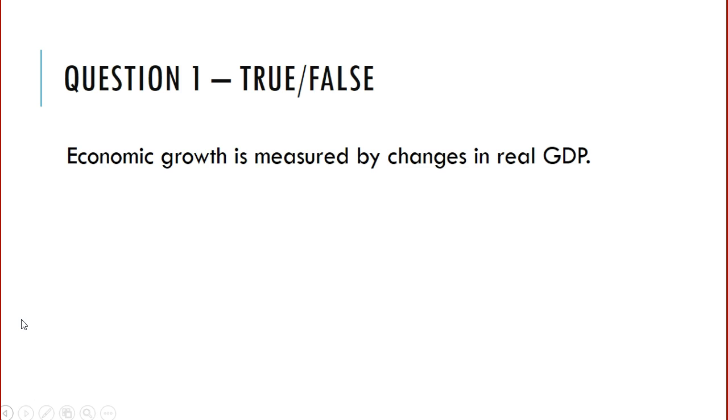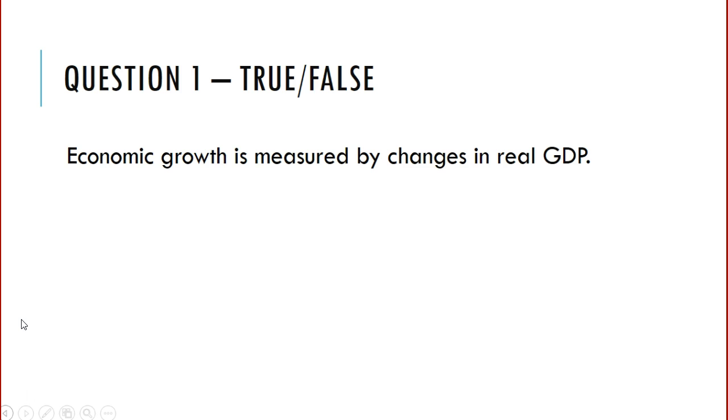The next one is a true or false question. Economic growth is measured by changes in real GDP. So real GDP is the volume of legal production which occurs within an economic region, usually a politically defined economic region such as a country or a nation, over a given period, normally say over a year or 6 months or a quarter of a year.